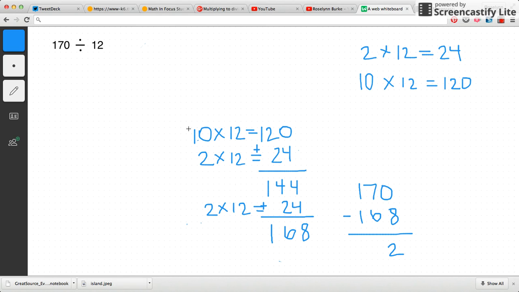I have the 10 groups of 12 here. Then I added 2 more groups of 12 and another 2 groups of 12. So I have 10 groups, 2 groups, and 2 groups, which gives me 14 groups of 12.